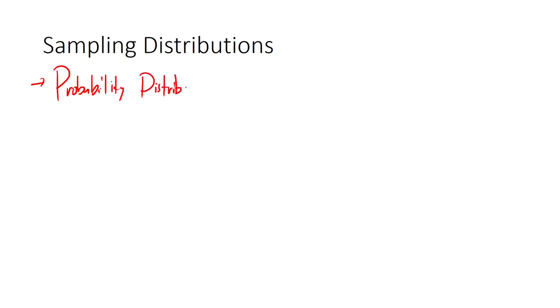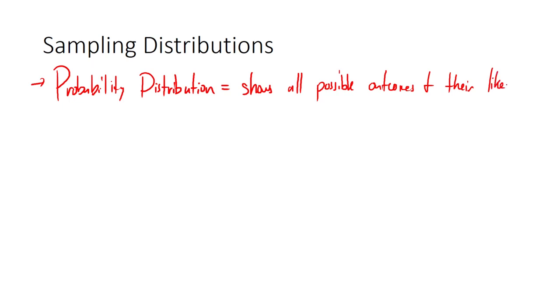That'd be a percentile. Oh, percentile, right? But a while ago, I defined a probability distribution, right? It shows all possible outcomes and their likelihood. Right?